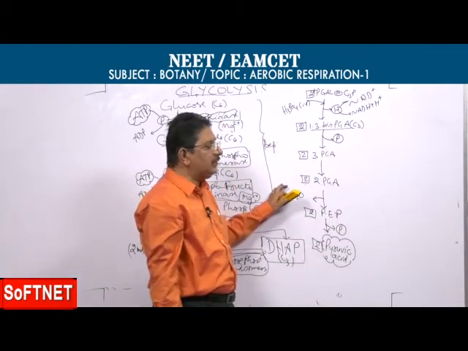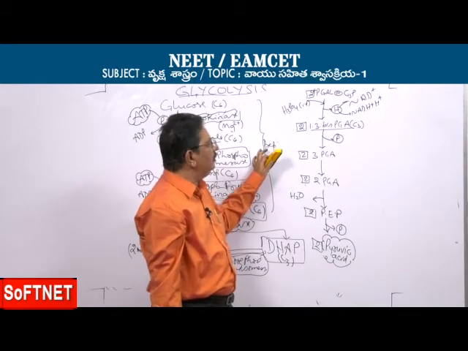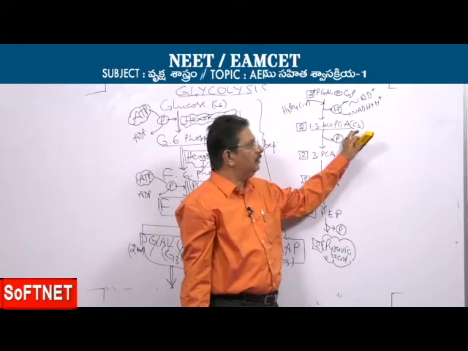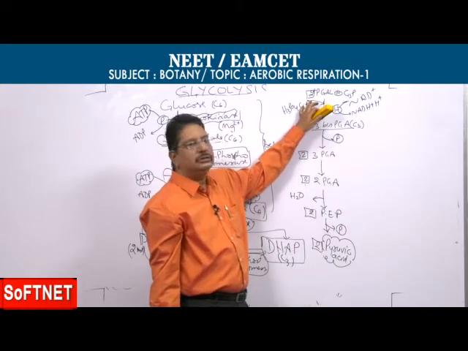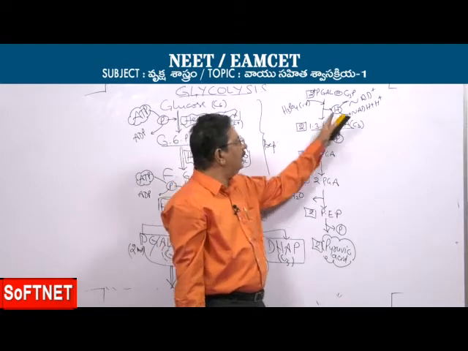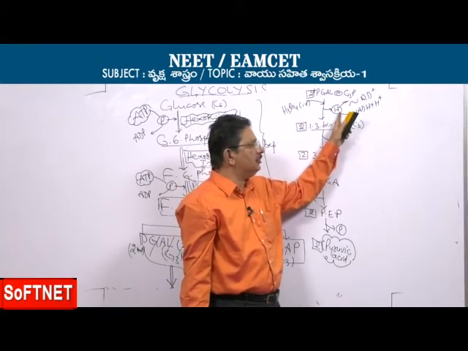So, another intermediate in glycolysis is the C3 compound 1,3-bis-PGA, which is formed from G3P after a phosphorylation and an important reaction, oxidation.